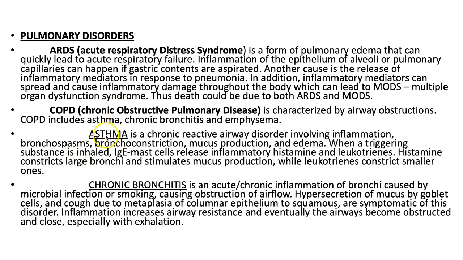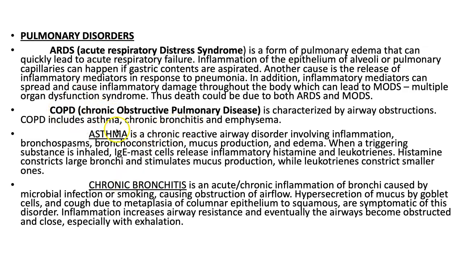So what you have with asthma and chronic bronchitis: asthma is going to be an IgE allergy reaction to some trigger that's going to trigger an asthmatic attack, versus chronic bronchitis, which is brought on by long-term smoking.